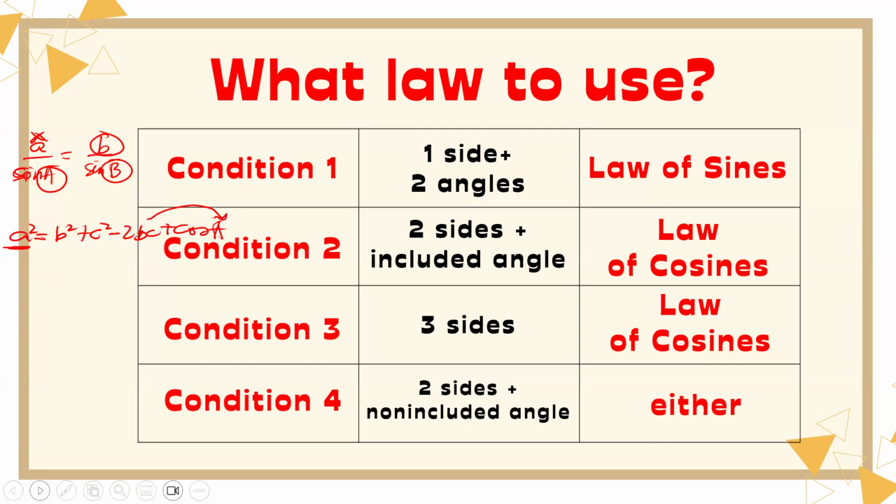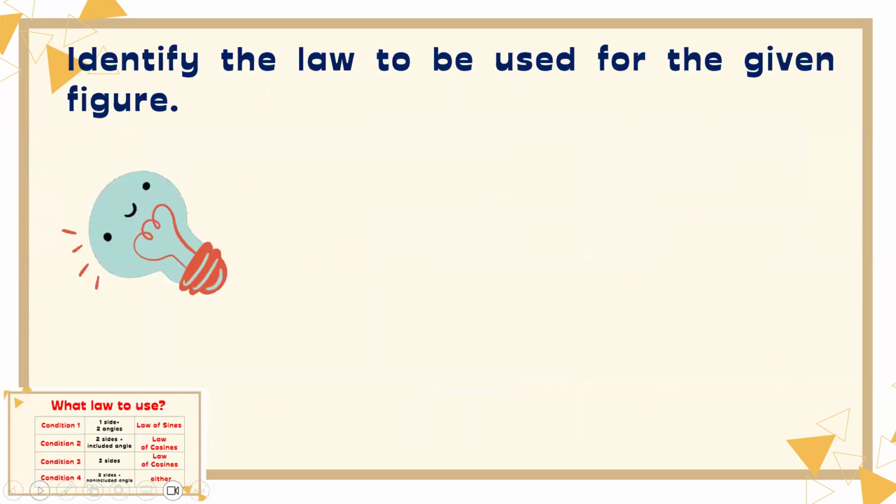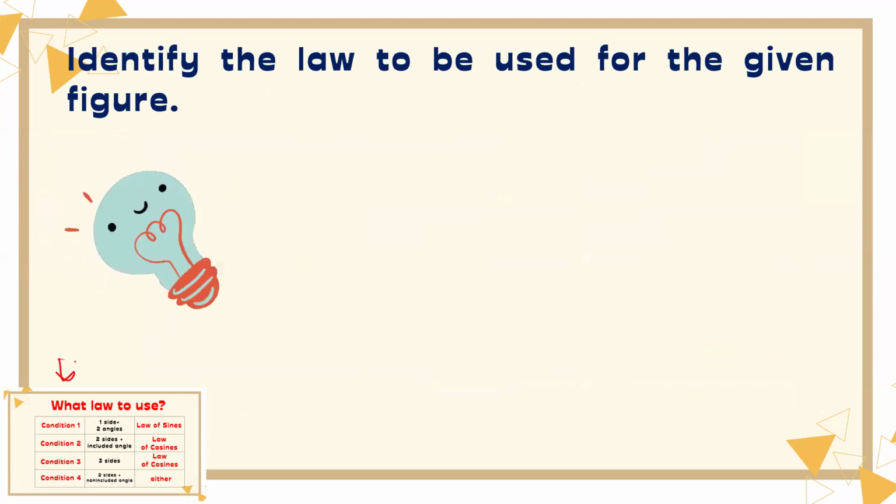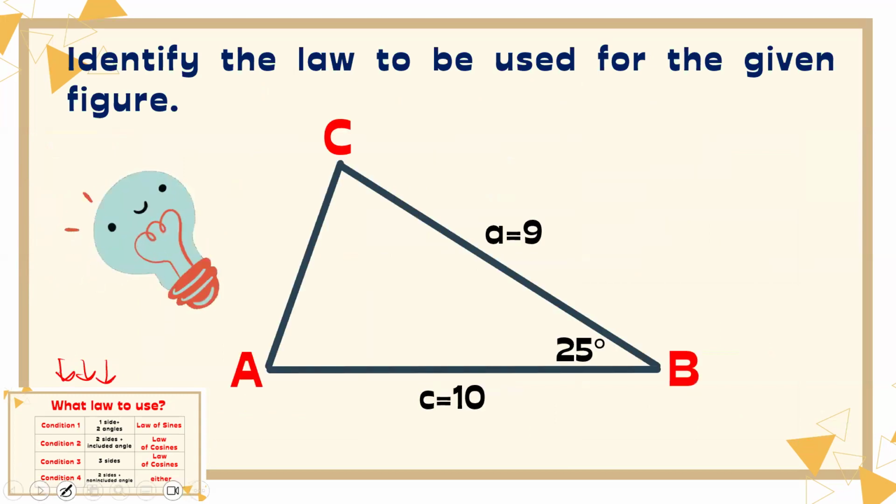I hope that's clear because we'll be having some examples in the following slide. So identify the law to be used for the given figure. We have a guide here below for you to easily refer to. Okay, so you have this particular example. You have triangle ABC, and you're given sides a and c and 25 degrees. So identifying this, we have side 1, side 2.